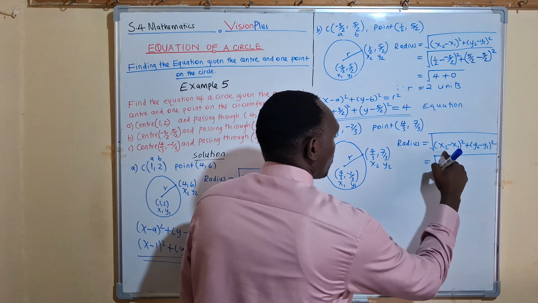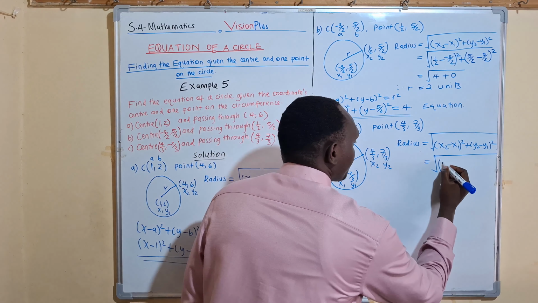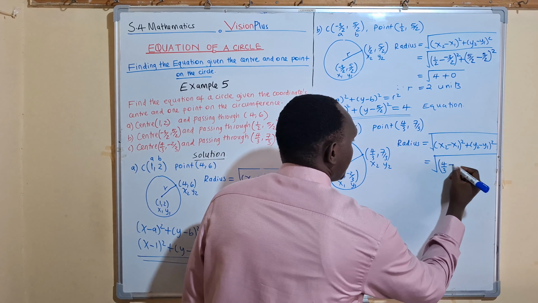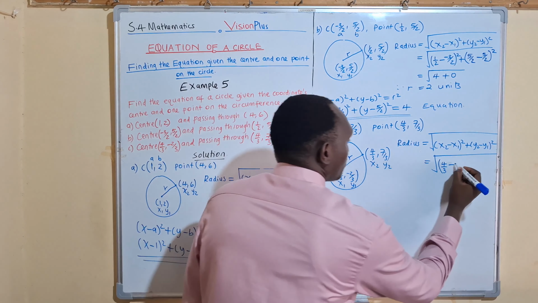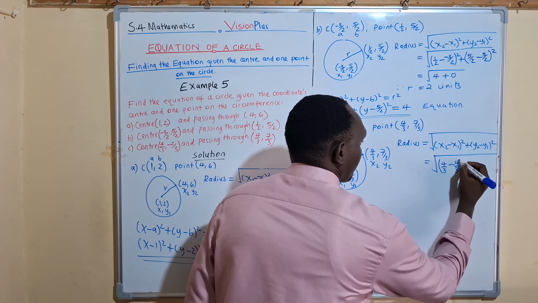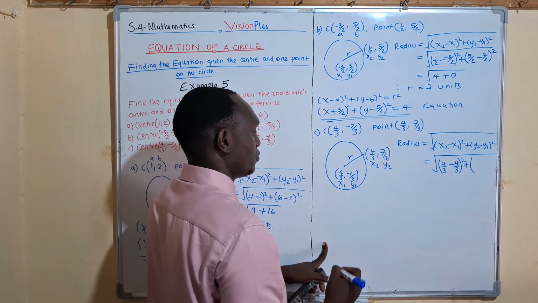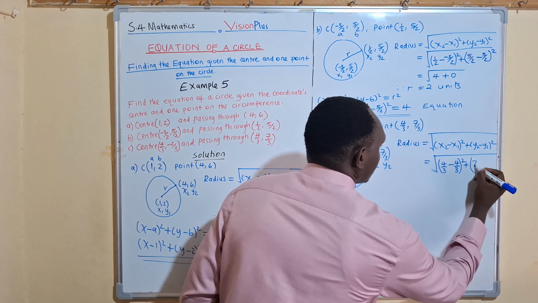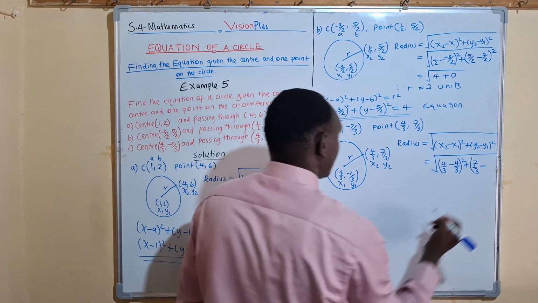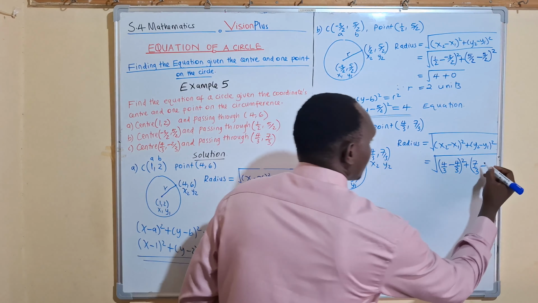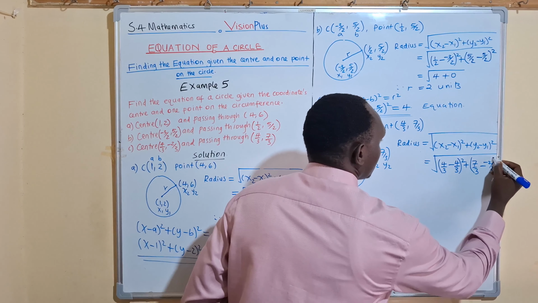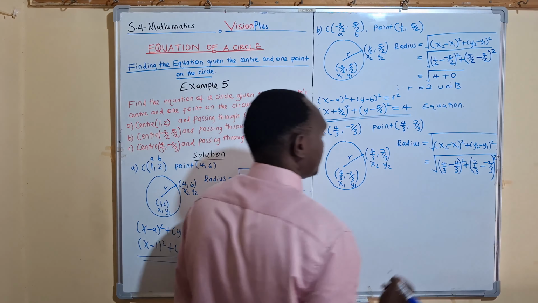So x2 is 4 out of 3 minus x1, also 4 out of 3, squared, plus y2 is 7 out of 3 minus y1, which is now negative 2 out of 3, in brackets, squared.